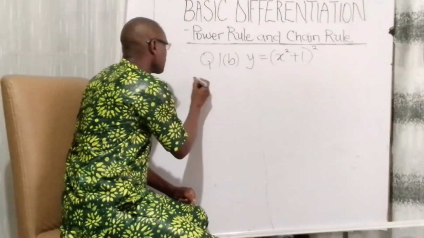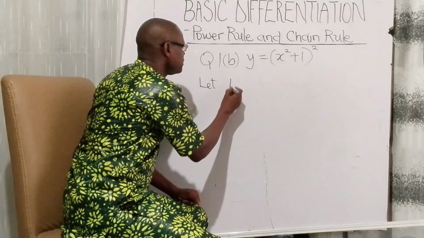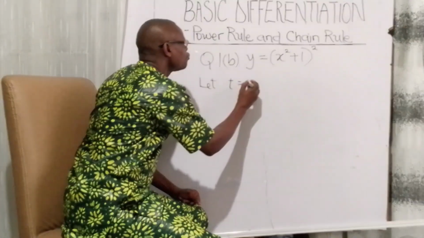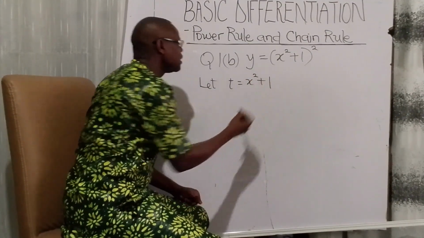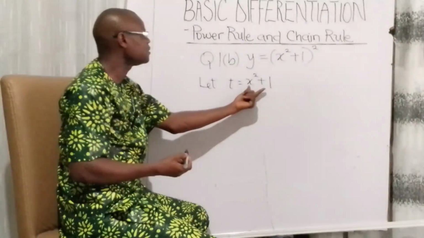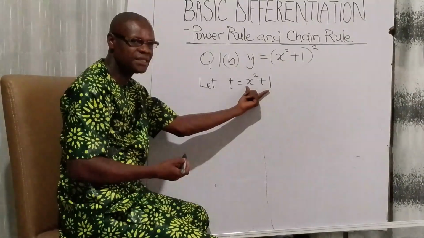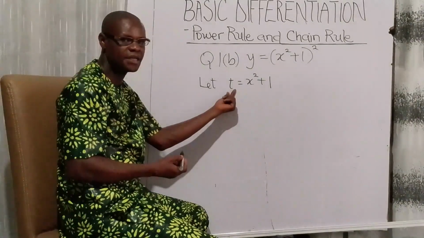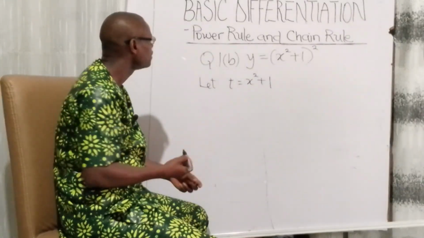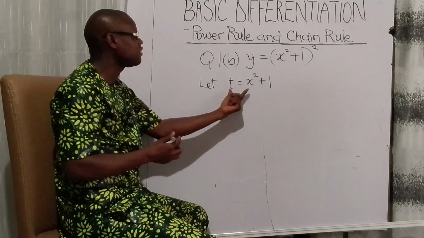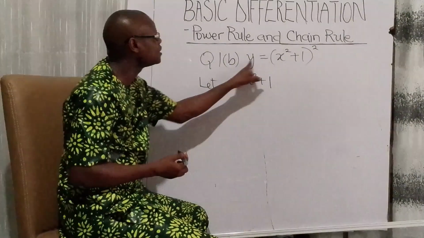Now, let t be equal to x squared plus 1. I am using this variable t to represent the inner function. You can actually use any variable of your choice, any letter of your choice. Just make sure that whichever letter you are using is completely different from the others here.